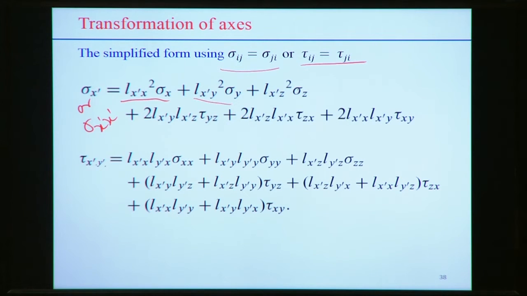There are 3 normal stress components and the others are shear components, and this transformation has only 6 independent components. With this transformation we can define the stress state in another set of axes.